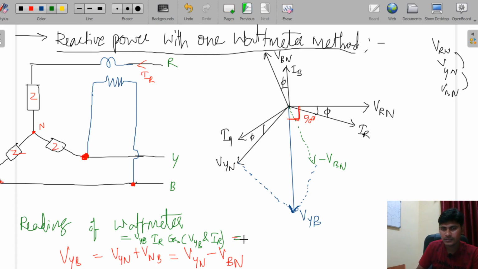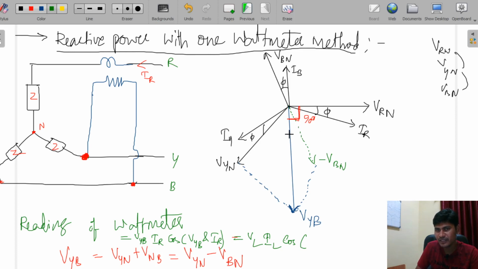Okay, this reading VYB is nothing but VL. You take VL, and IR is nothing but IL. IL cos of the angle between VYB and IR. Where is IR? This is IR. Where is VYB? This is VYB. What is the angle between these two?